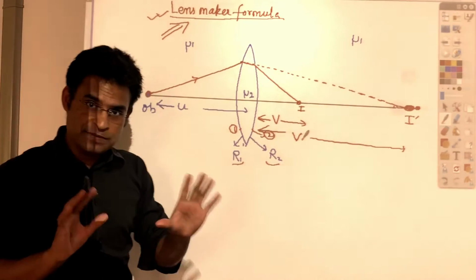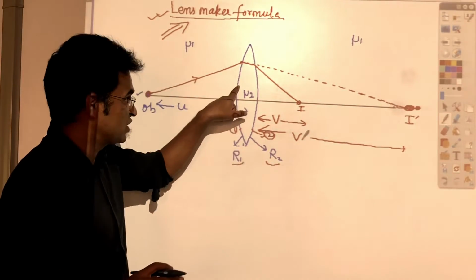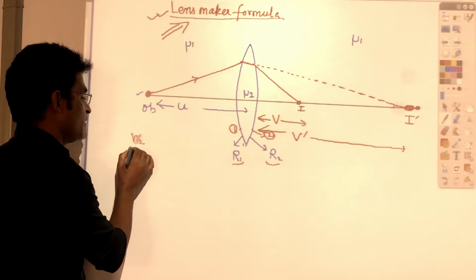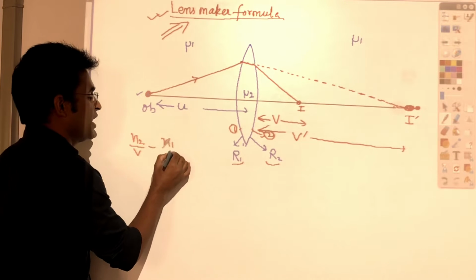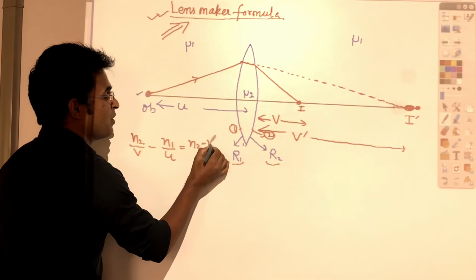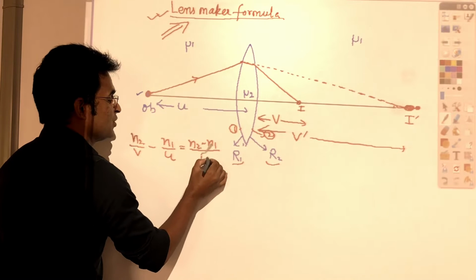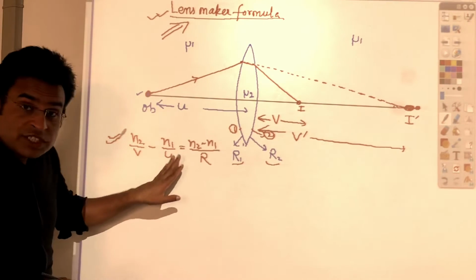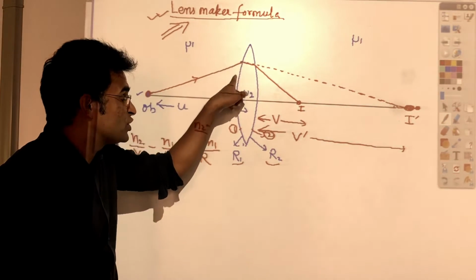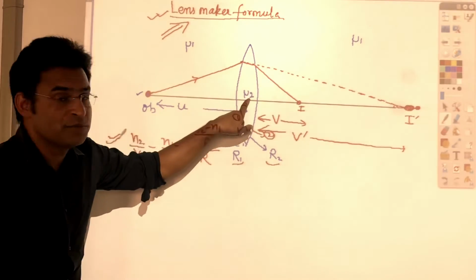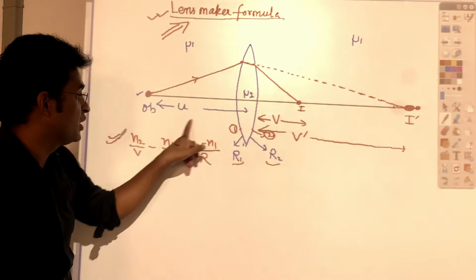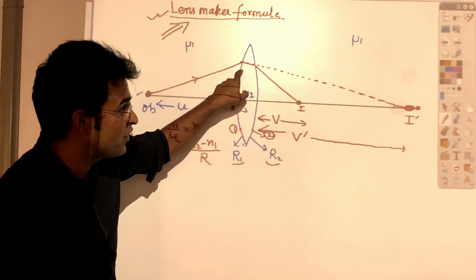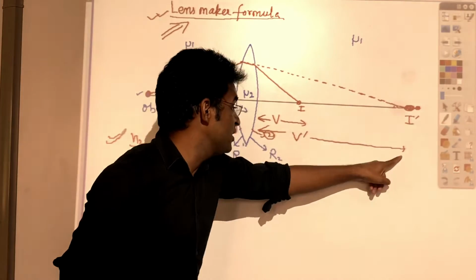If I use the spherical refraction formula for the first refraction as well as the second refraction, the spherical refraction formula, you know, is n2 divided by v minus n1 divided by u equals n2 minus n1 divided by r. This is the spherical refraction formula. Now if I use this formula for the first refraction on this surface, in place of n2 this is mu2, in place of n1 this is mu1 and u, and in place of v that is v dash, because the image formed by the first refraction is just somewhere here, I dash, so that image distance is v dash.